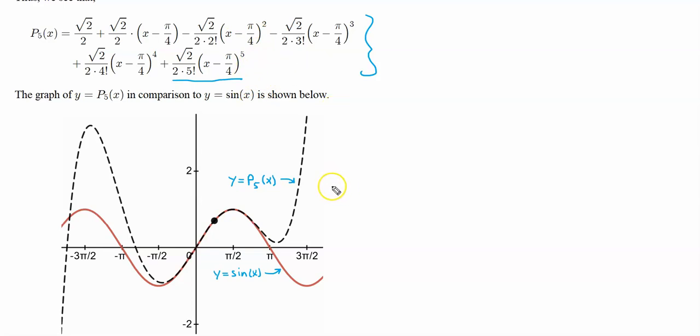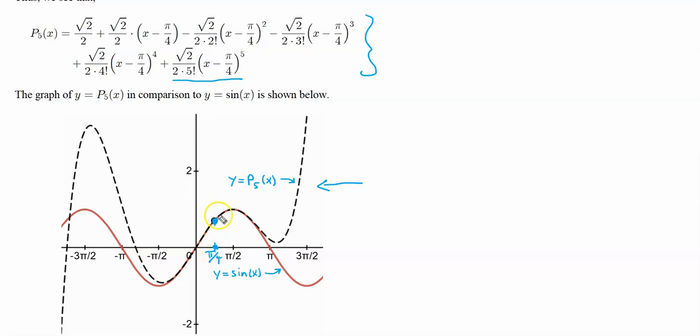Now right down here we have a graph of what P5 looks like in comparison to the sine function. Notice that this point right there is pi over 4 on the x-axis. And that's the point about which we're forming our Taylor polynomial.